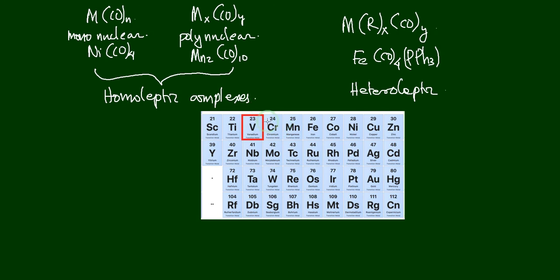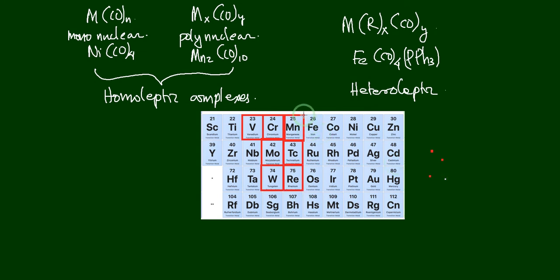Chromium will also give the carbonyl complex. In this group both the second and the third row, molybdenum and tungsten, will give the carbonyl complex. Moving to the next group, manganese gives a homoleptic carbonyl complex, then technetium and rhenium also.